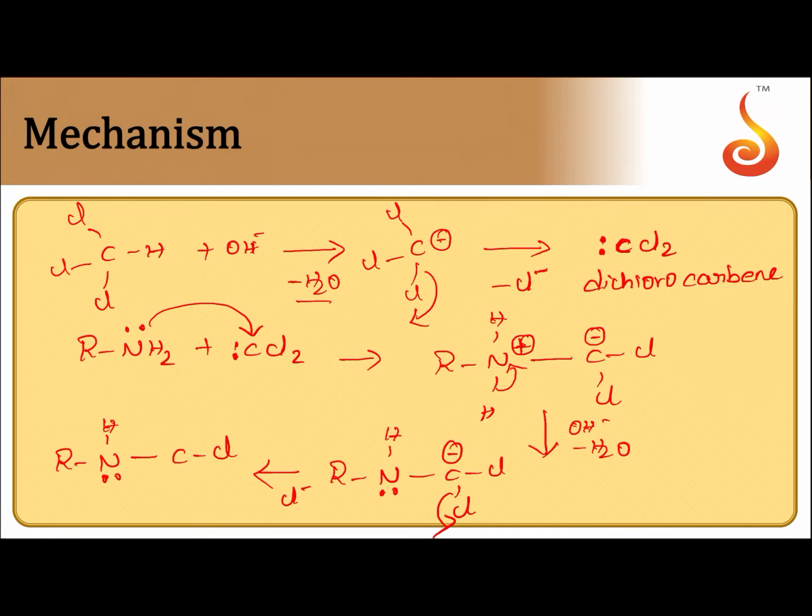RNH, lone pair here, C, Cl, and this electron pair will come here. Let us see what we'll get in the next slide. So what I will get here? RNH, double bond C, Cl. Again nitrogen is positively charged, carbon is negatively charged.